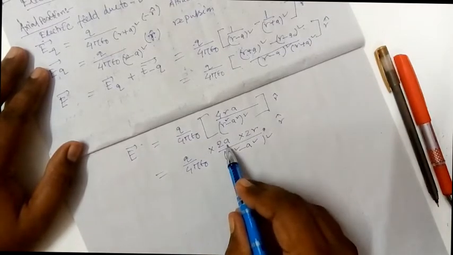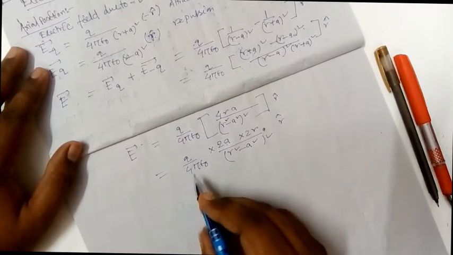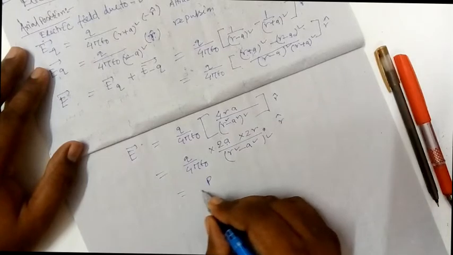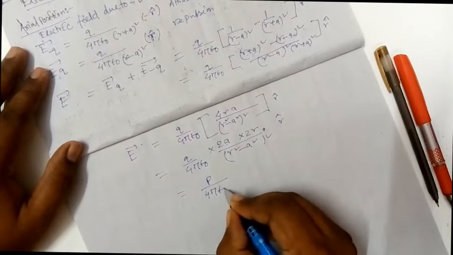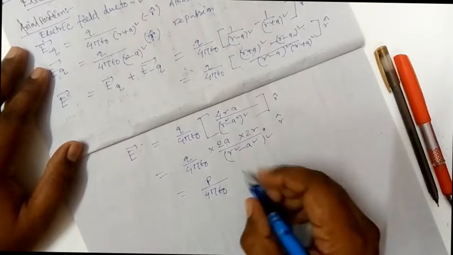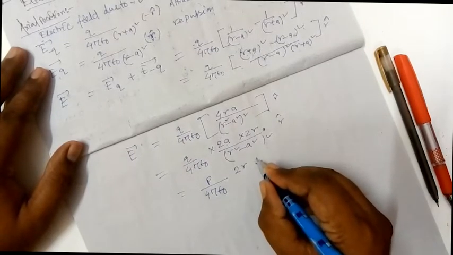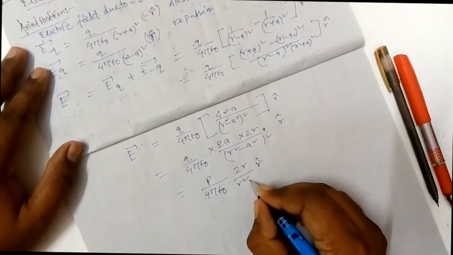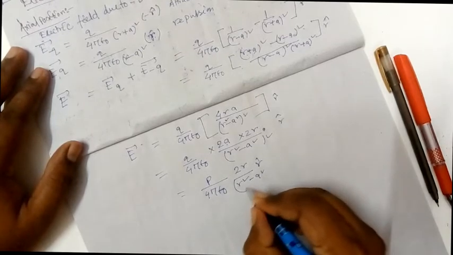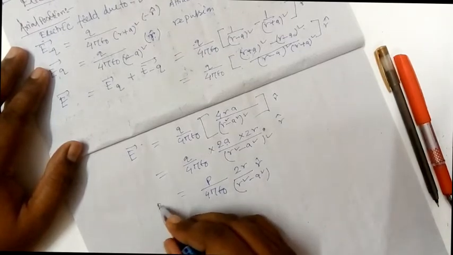Okay, so here you see 2A into Q, it is P by 4 pi epsilon naught, and it is 2R into R cap by R square minus A square. So that should be the electric field at an axial point.